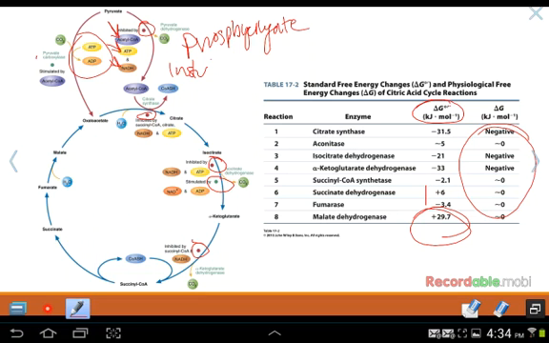However, under conditions in the cell and due to rapid removal of these enzymes' products, we can take these thermodynamically unfavorable reactions and make them near zero and likely to occur. However, we do see that in reactions 1, 3, and 4, where these reactions are very thermodynamically negative and very favorable, these also correlate to points of enzymatic control.